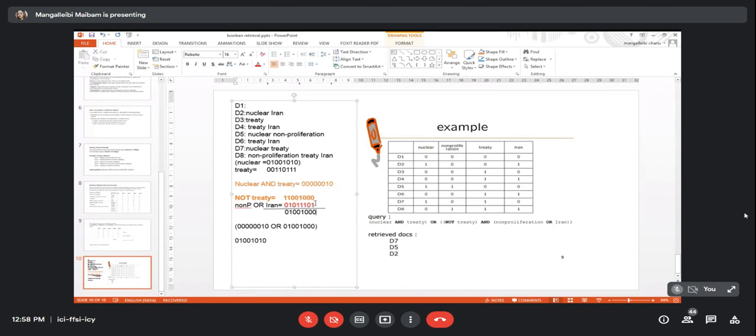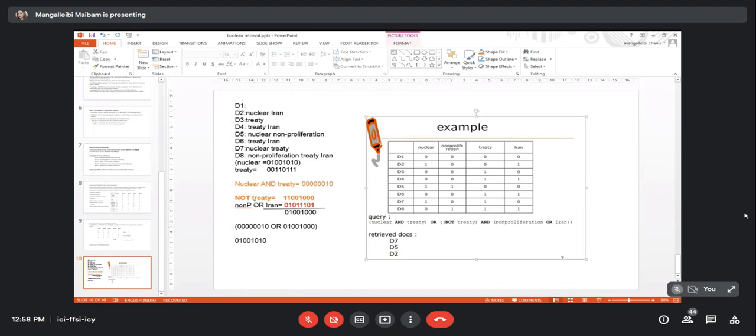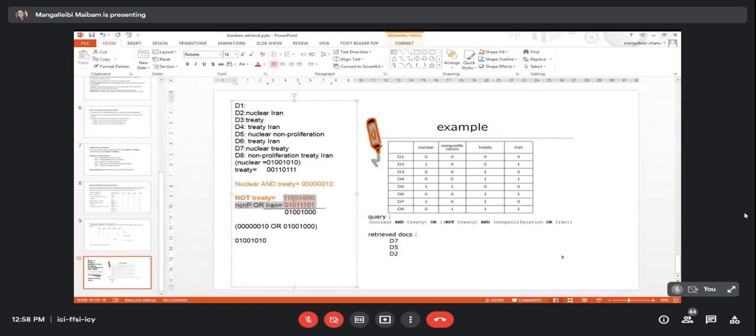Now we have a bracket here. NOT treaty and, within the bracket, non-proliferation OR Iran. These two Boolean expressions, you have to perform an AND operation. AND operation means only when 1 and 1 is there, it will be 1.